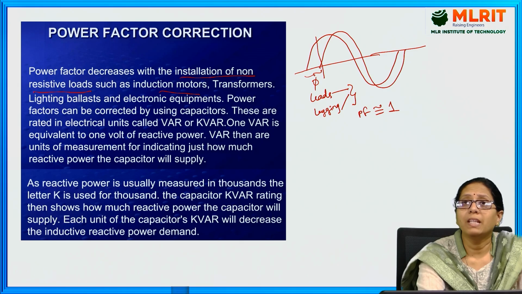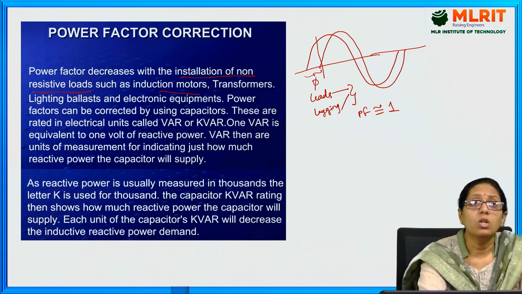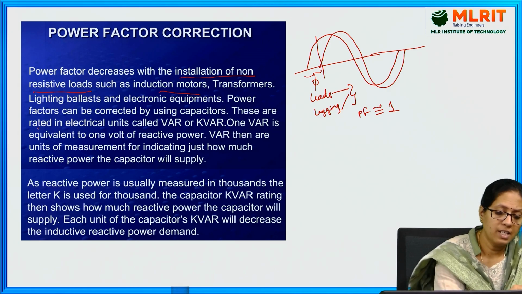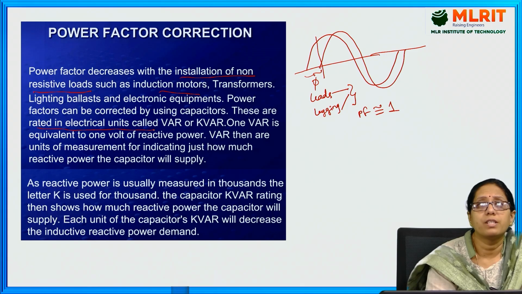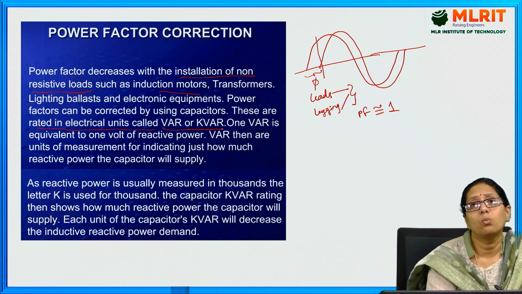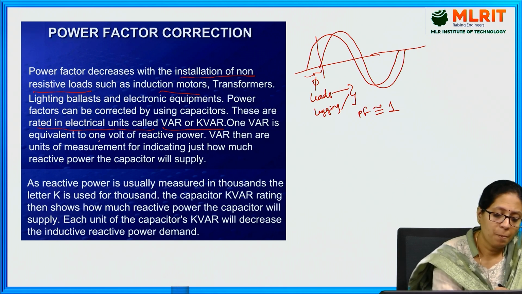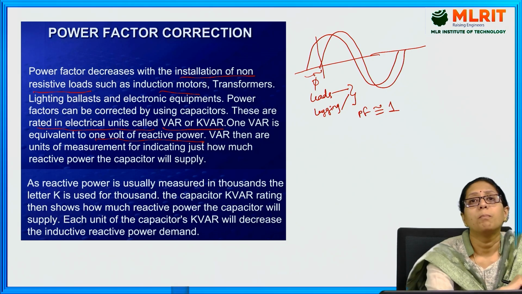So to make the power factor unity, we connect a capacitor in parallel with the load. Here you can see the rated electrical units called VAR or KVAR, that is kilovolt ampere reactive. 1 VAR is equivalent to 1 volt ampere of reactive power.